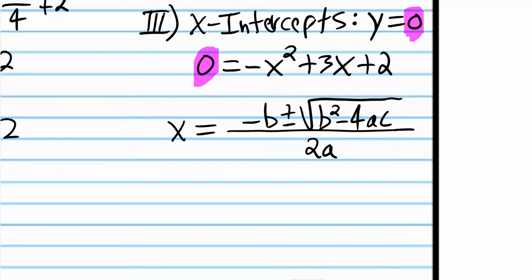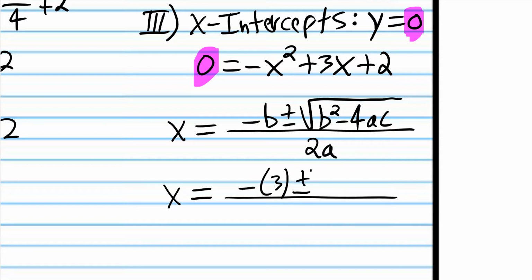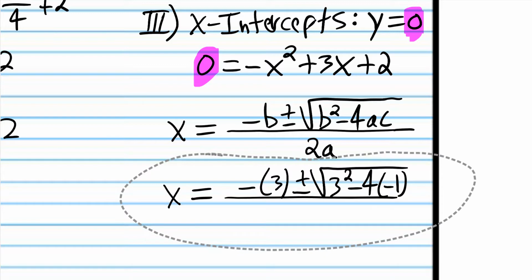I know that gets kind of confusing, but b is going to be 3. And so we're plugging in 3 for b, and then a is going to be negative 1, and c is going to be 2.